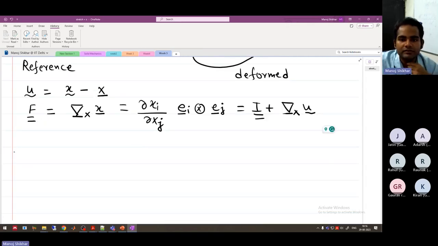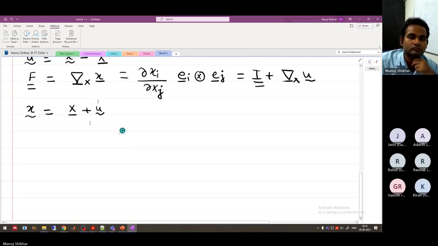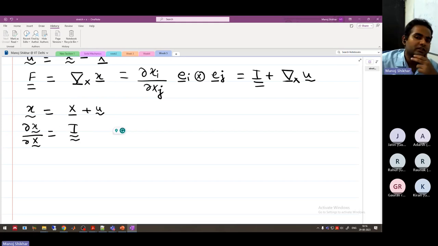You can prove it by writing x equal to capital X plus u, and then taking the derivative on both sides with respect to capital X. The derivative of a vector with respect to itself will be I. Always remember that when you take a gradient of any quantity, its order will increase by 1.